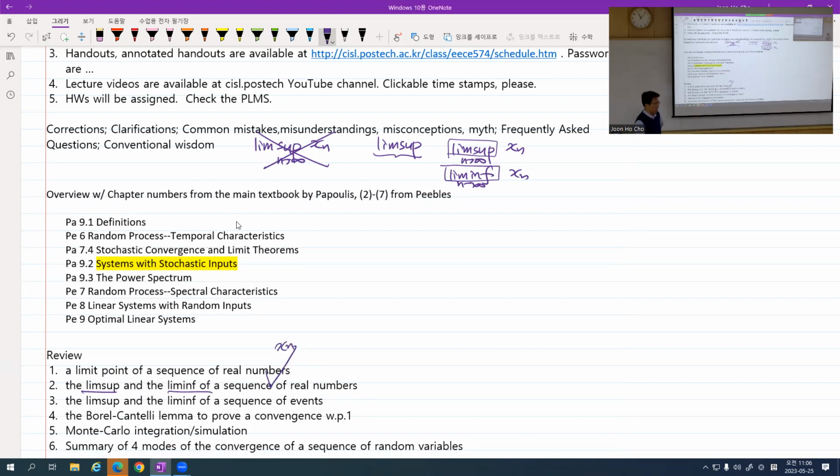And I emphasize that lim sup is not the supremum of the limit points over the sequence. Lim inf is not the infimum of the limit points over the sequence. It's a different concept. What you do is construct a monotonically decreasing sequence and define the limit of it, which is finite or negative infinity, as the lim sup.